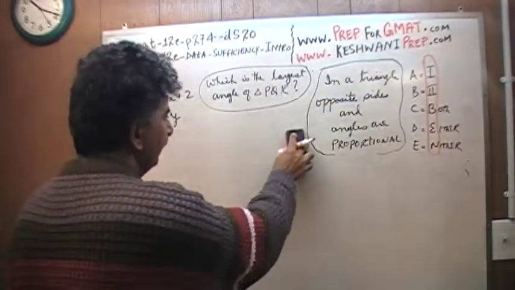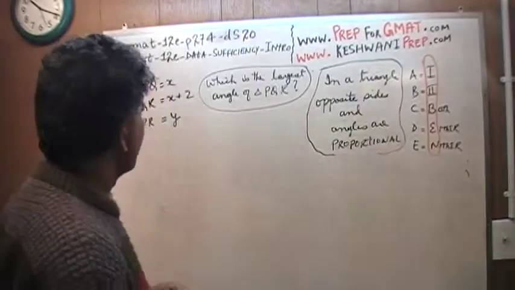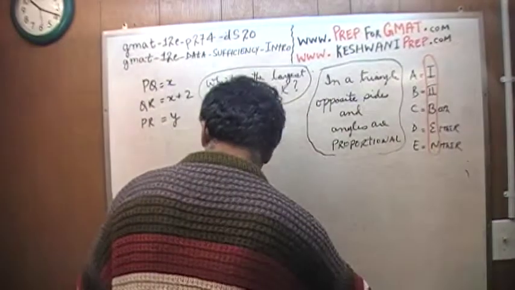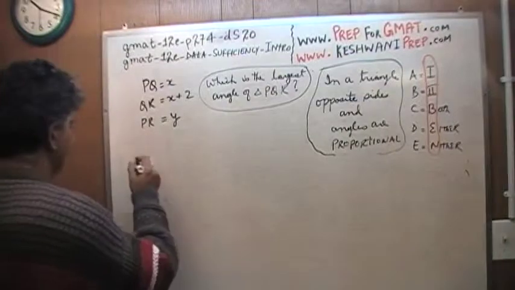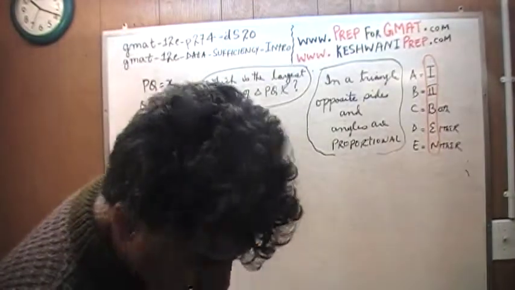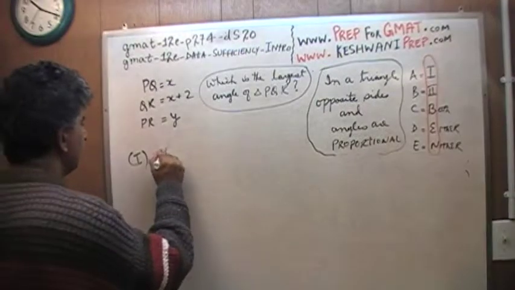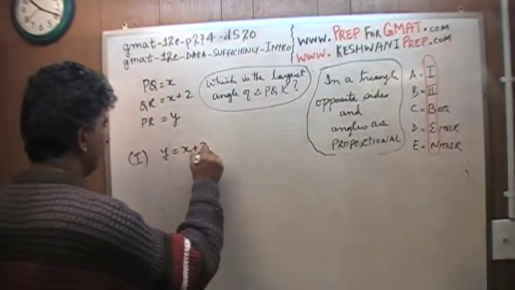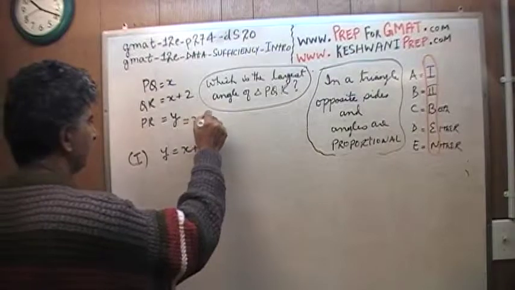So the question here is which angle is the largest? Let's see what statement 1 says. Statement 1 tells us that y equals x plus 3.